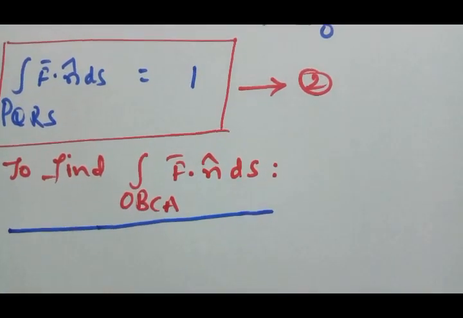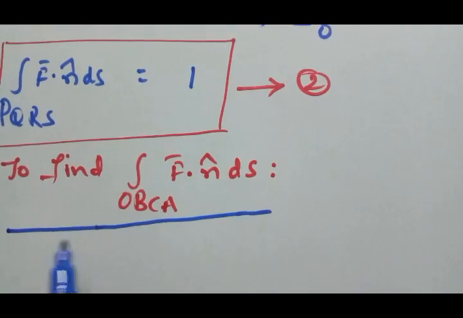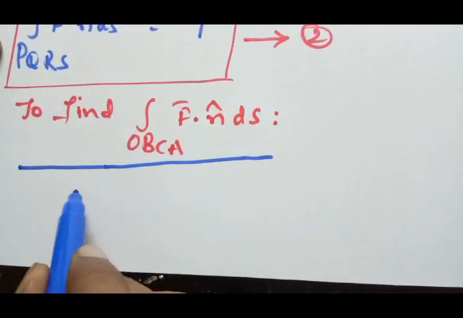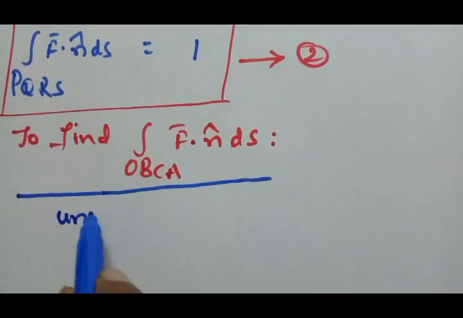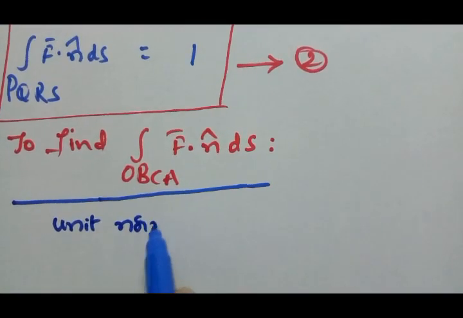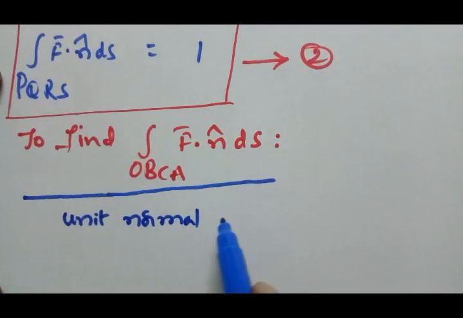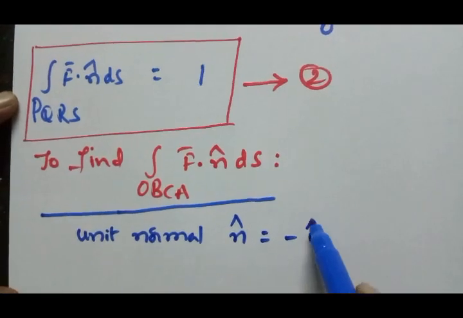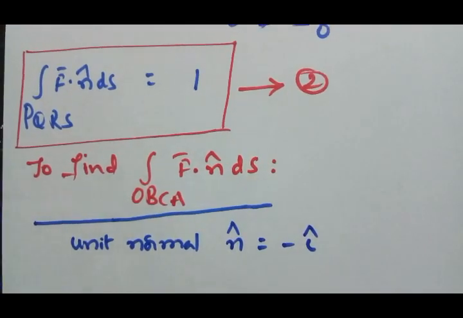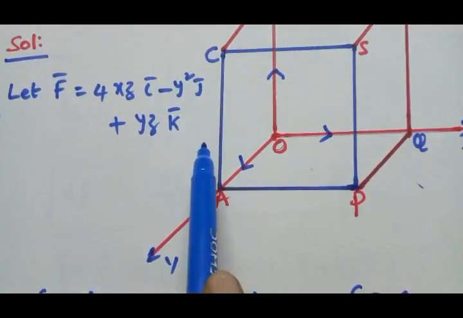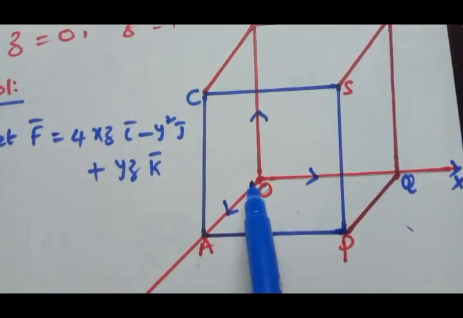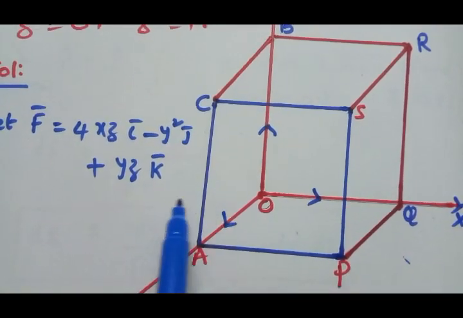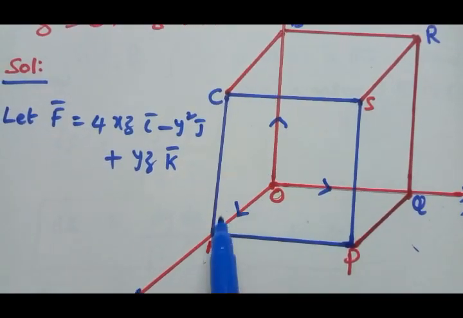Therefore, now n cap is equal to the unit normal. n cap is equal to minus i cap, since the negative x-axis is the unit outward drawn normal to this side OBCA.